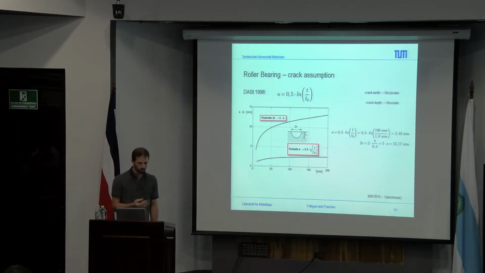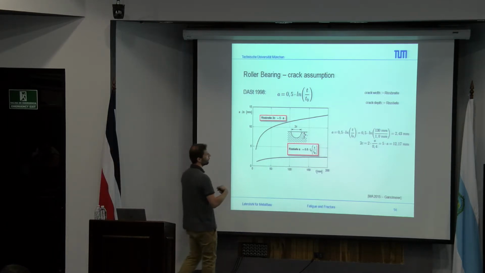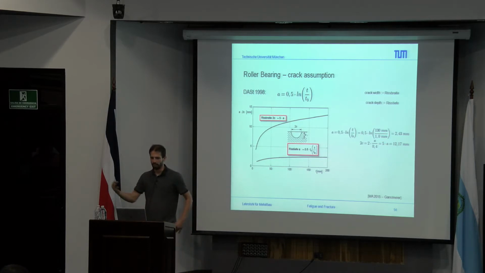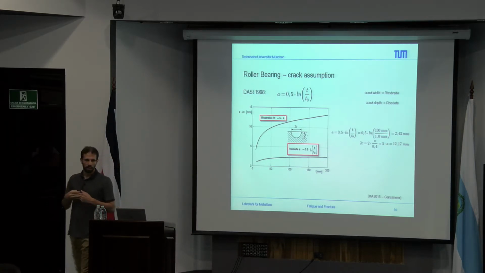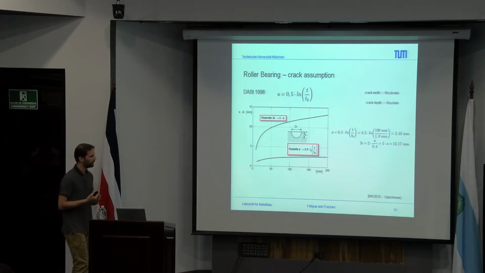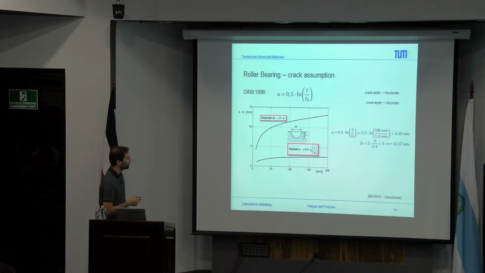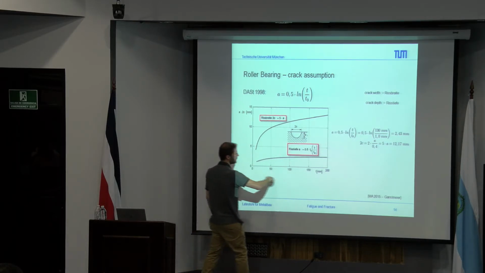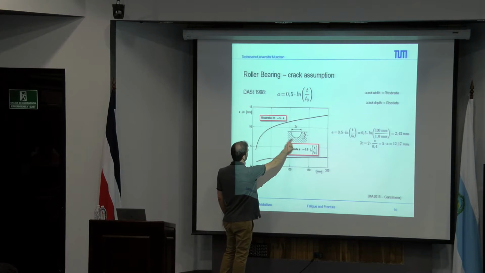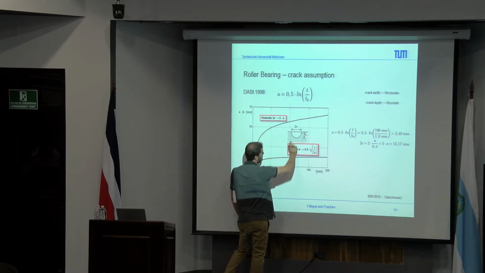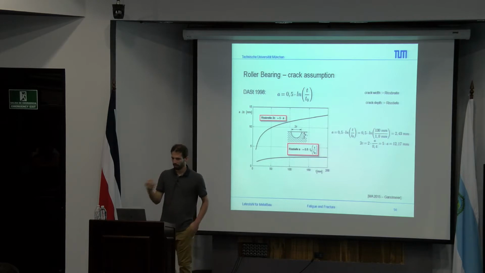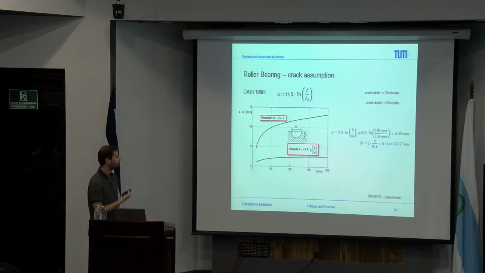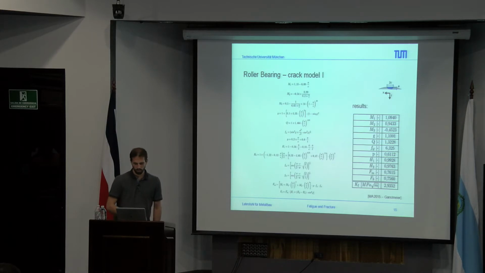T0 is the reference, and T is the value you want to investigate for the blade size. So you get the crack depth, which is the A, and the crack width, which is the 2C, and the 2C is easily calculated by the two formulas, or you can take it out of the diagram.